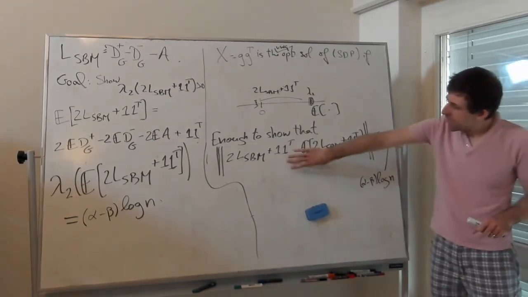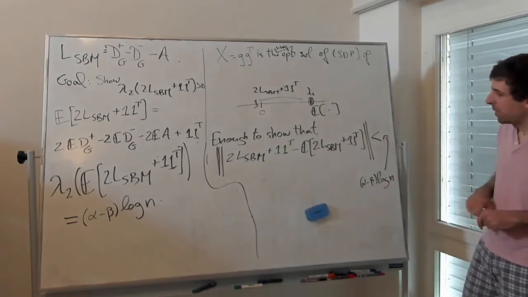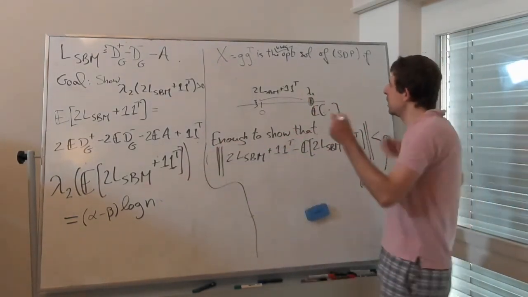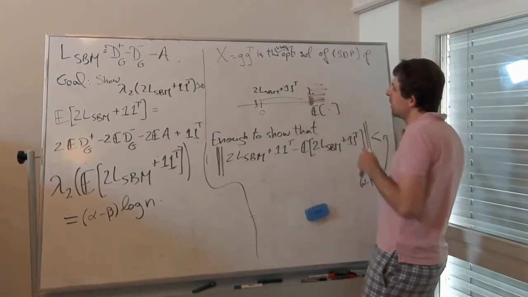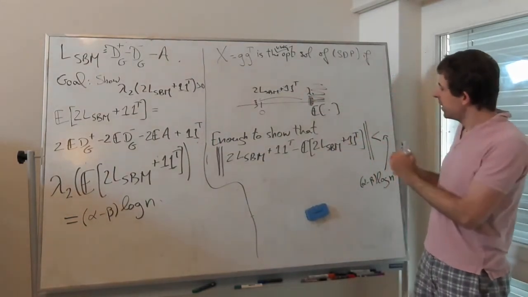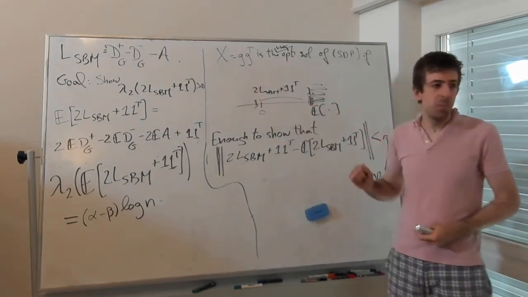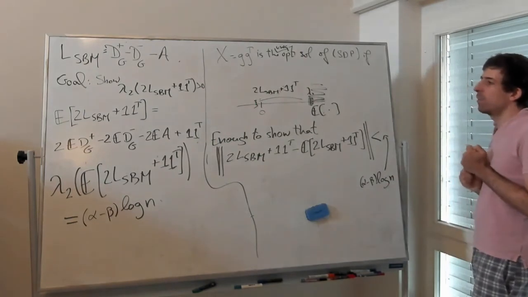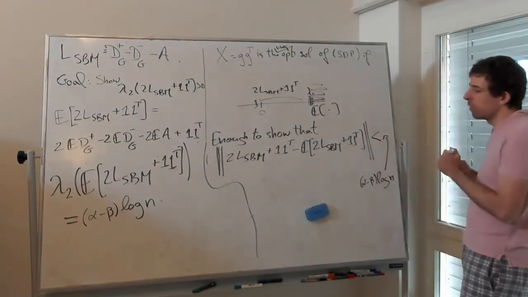Because if this deviation is smaller than alpha minus beta log n, then since the expected value of the matrix has all its eigenvalues lying here, the deviation doesn't have enough spectral norm to push any of them below 0, so the second eigenvalue is for sure bigger than 0. This is the triangular inequality.